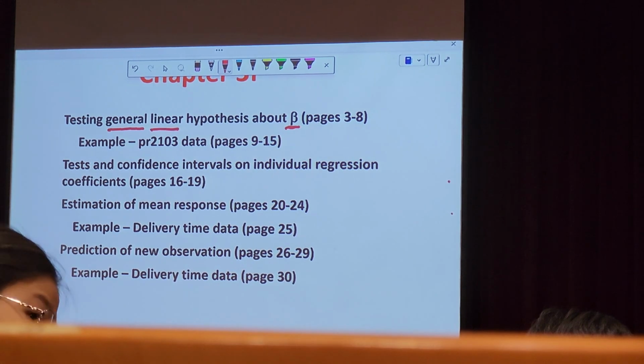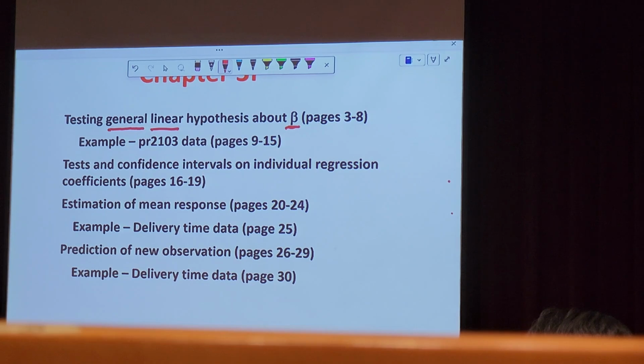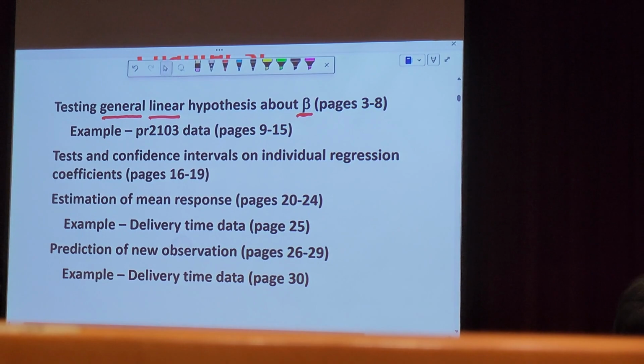So we are not just testing beta 5 equal to 0, beta 6 equal to 0. If I'm only testing the last two equal to 0, then I can use the extra sum of squares principle. But here, sometimes I want to test whether beta 1 is equal to beta 2 or some combination. And so, this extra sum of squares is a special case of this.